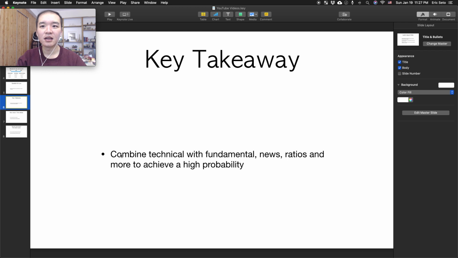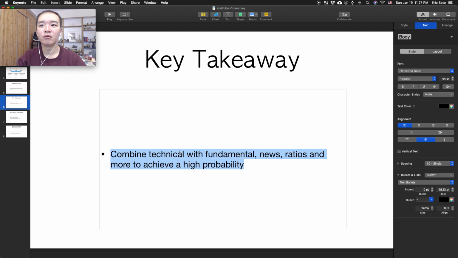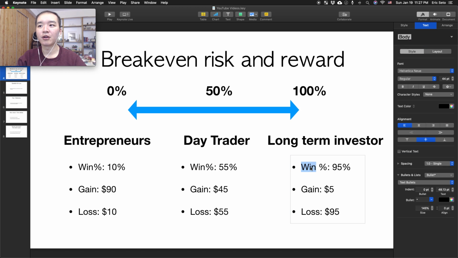In this case, you need to combine technical with fundamental analysis, which is your research, with news, ratios, and more to achieve a high probability. So the key takeaway for this lesson is really this number. And most people, when they're investing in the stock market, you're not that confident. You don't know what you're doing. You don't have a strategy. So you have no way to get here. You have no way to get to a point where you're 95% confident that you'll win.